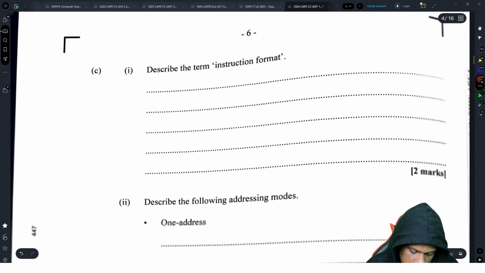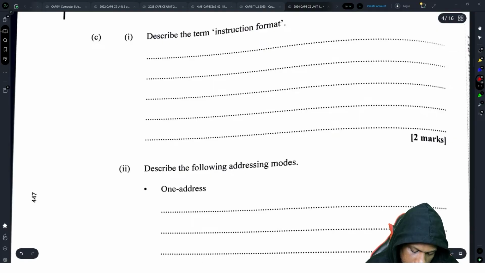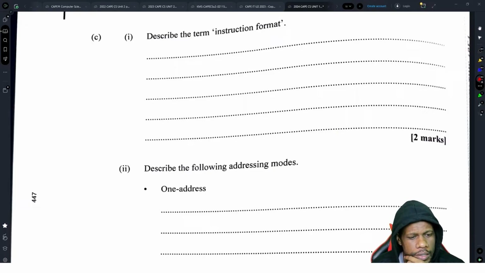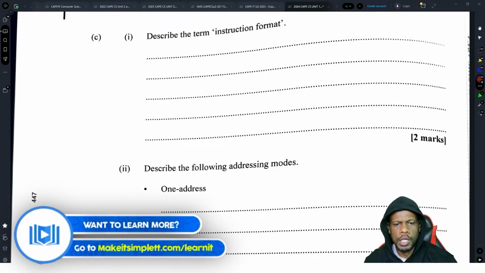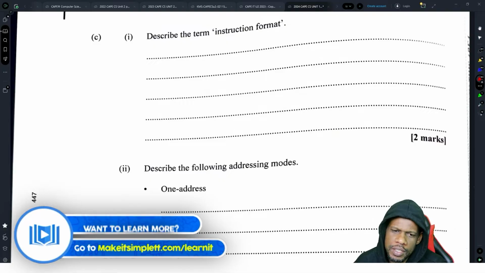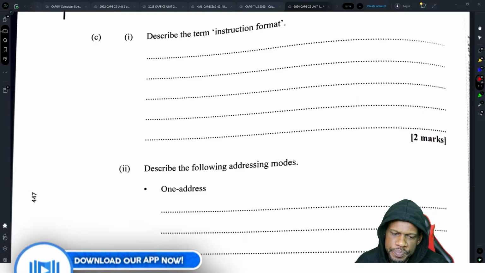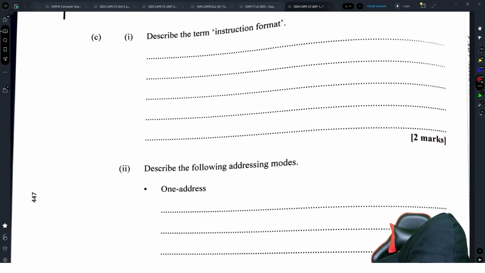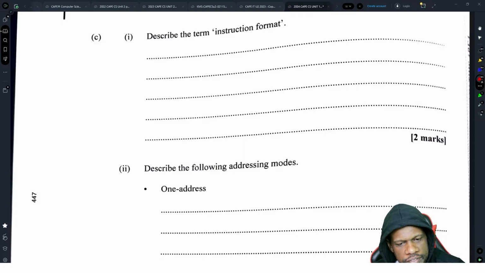We proceed now to part 1. Describe the term instruction format. What do they mean by instruction format? Now, they could mean two things here. It could mean the way that you organize the bits. 2 marks, they talk about opcode and operand. Yeah, opcode and operand, definitely that's what they're looking for.